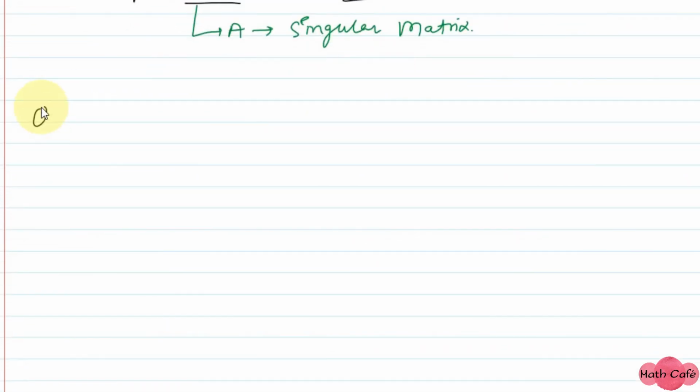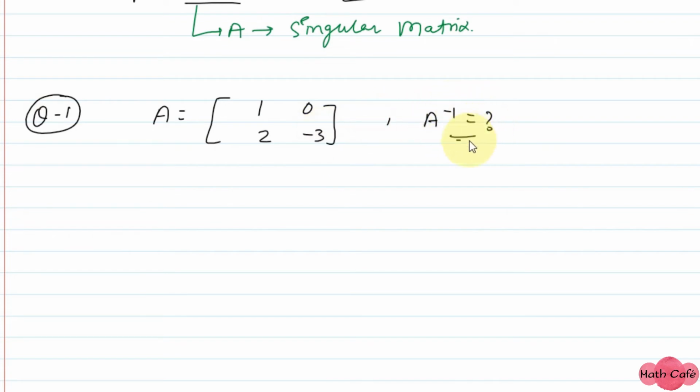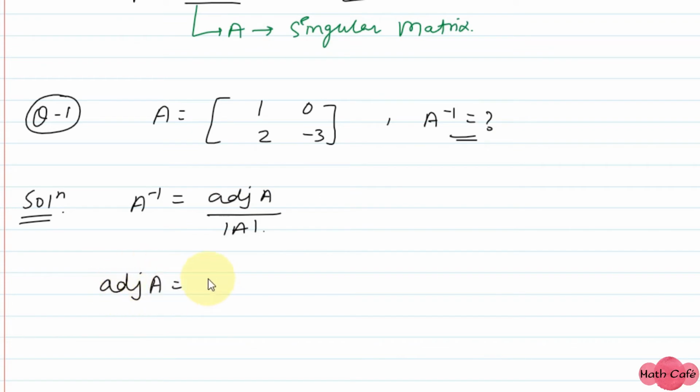First example is given to us. If A is equal to 1, 0, 2, minus 3, then we need to obtain A inverse. As we know, A inverse is equal to adjoint of A divided by determinant value of A. First of all we will obtain adjoint of A. Adjoint of A is the transpose of the cofactor matrix of the given matrix.